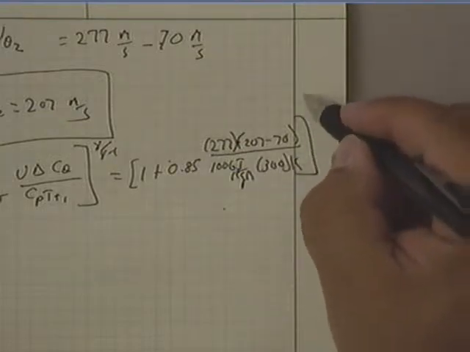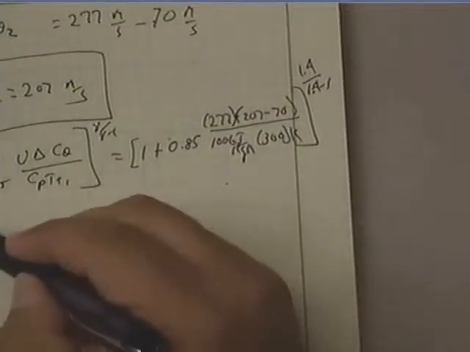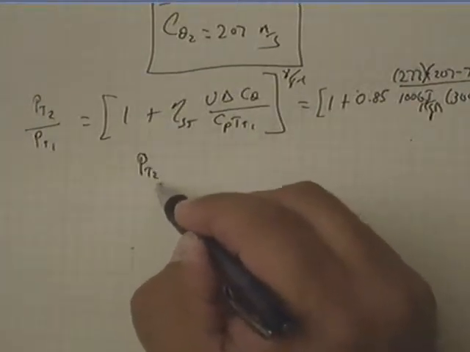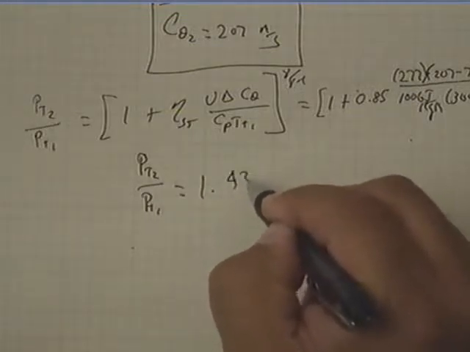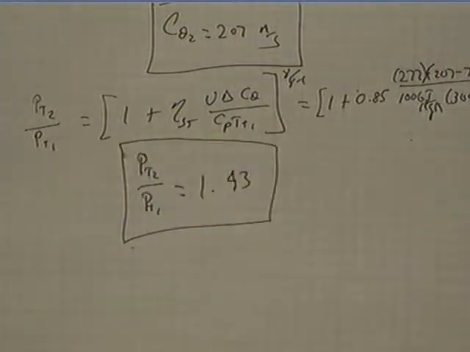And this is to the power 1.4 over 1.4 minus 1. And when you plug and chug, you get 1.43. So that's a pretty healthy pressure ratio for one stage. That's putting a lot of work in for one stage.